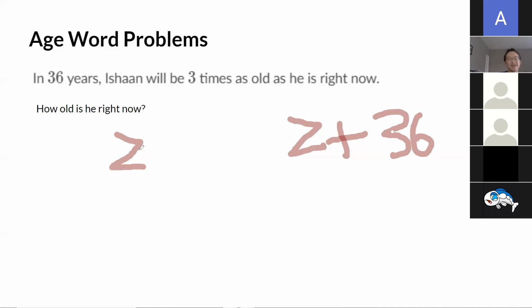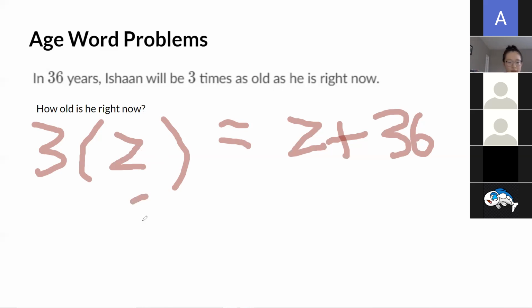Okay. So in 36 years, Ishan will be 3 times as old as he is right now. So if he's Z years old right now, it would be Z times 3 equals Z plus 36, right?